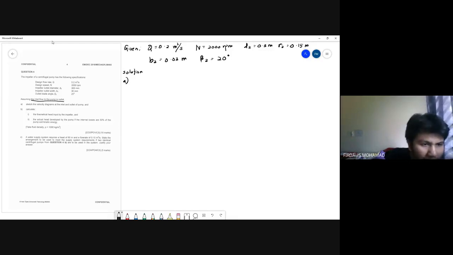Sketch the velocity diagram at the inlet and outlet of the pump. For the velocity diagram you can refer to the notes on how to draw the velocity diagram at the inlet and outlet of the pump. So let's say this is your centrifugal pump.